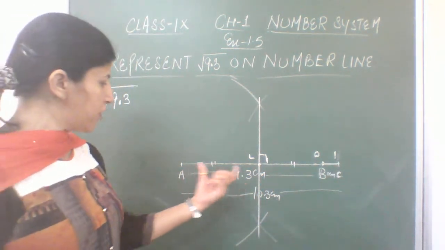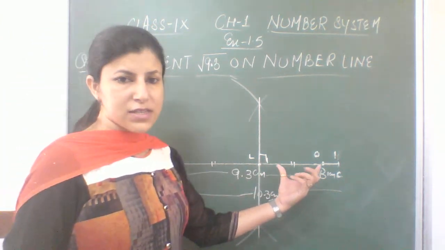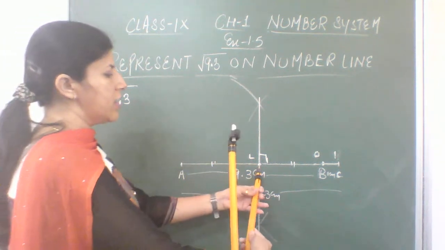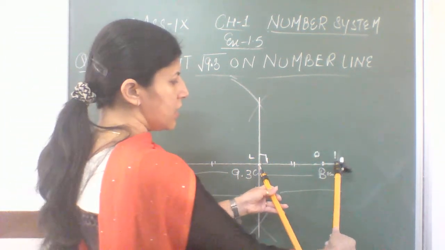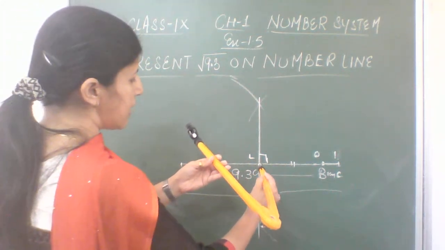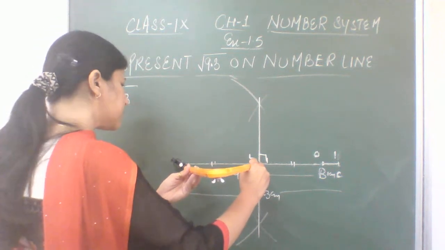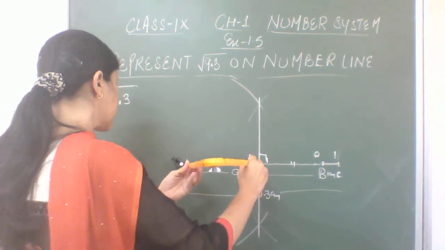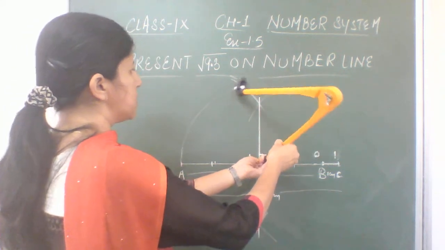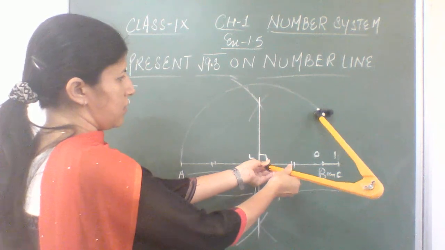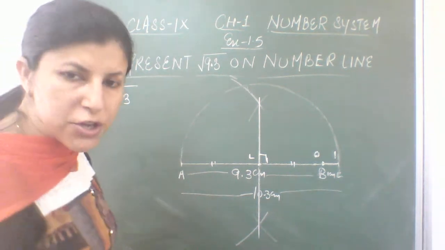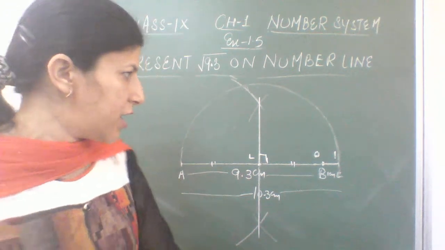L is the midpoint of AC, right? What is the length of AL and LC? Same. So you can open your compass to the length AL or LC, both are the same. Now after opening our compass, place it at L and draw a semicircle.